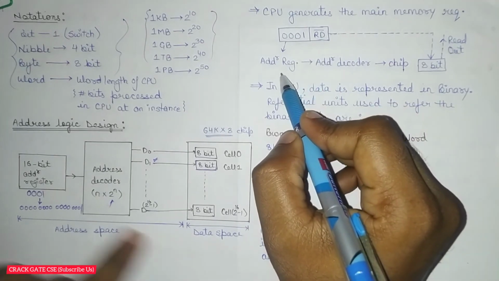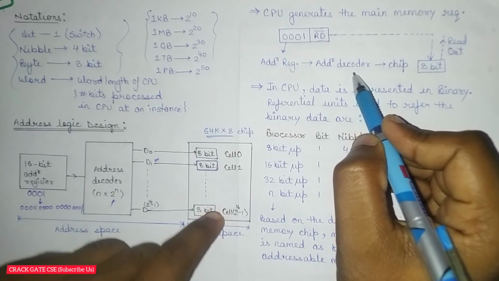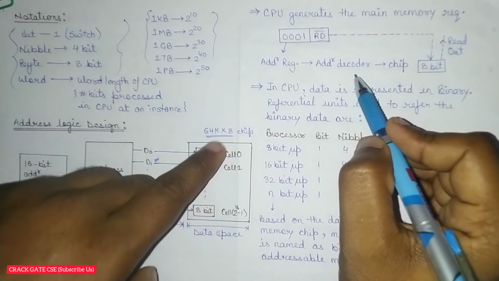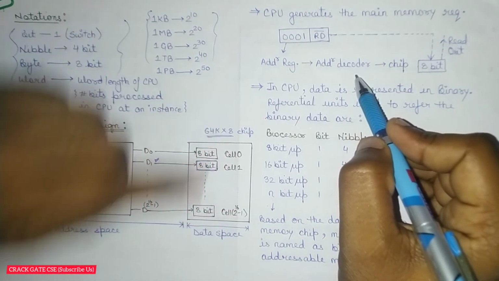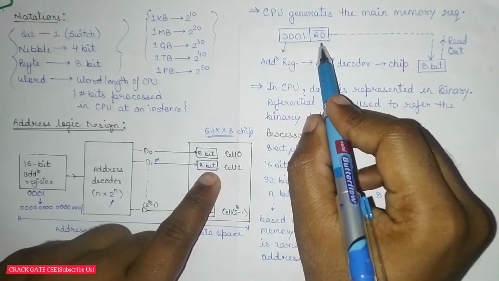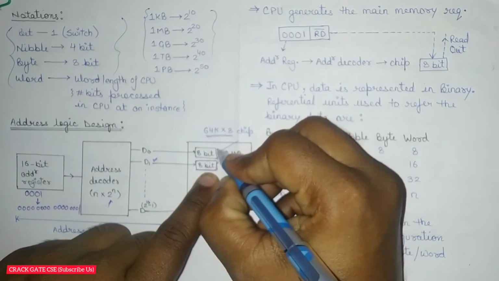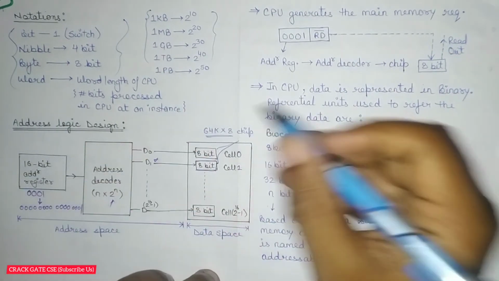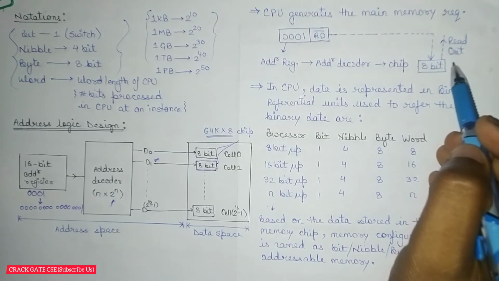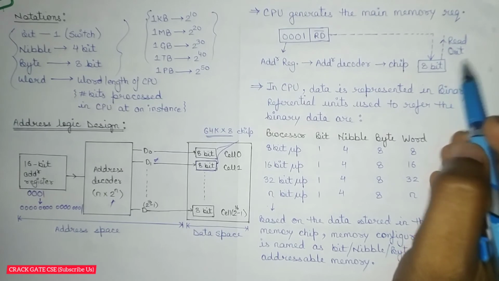So first it went to the address register, then to the address decoder, then the respective chip. Here I am considering that it is a 64K by 8 chip. That means each cell will be able to store 8 bits. So I will access the 8 bits by using this read signal. We know that we have to read. Then there will be a line out of all these cells, and using that we will read out the value. So this is how you can access the data, and similarly you can store the data as well.